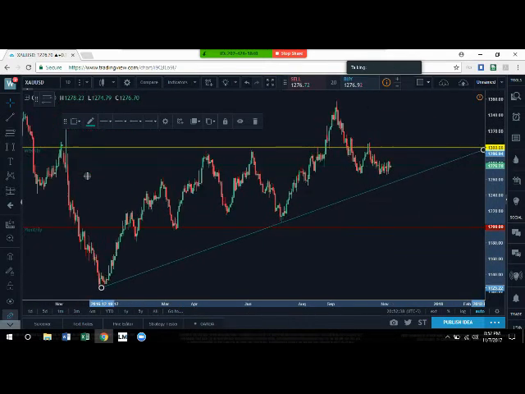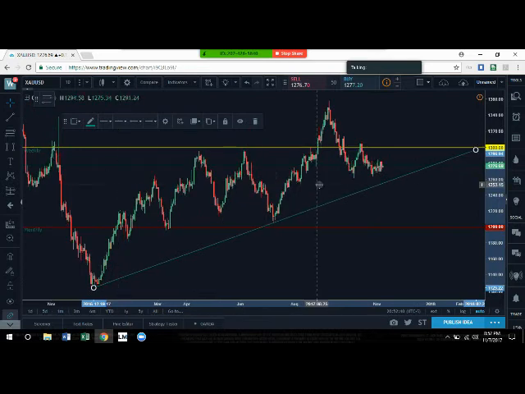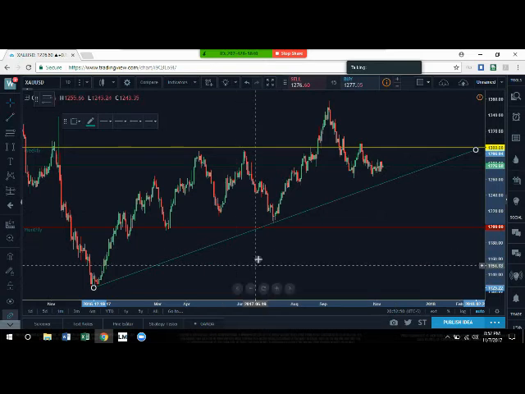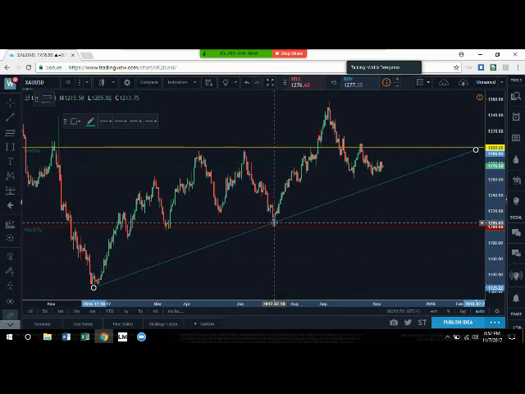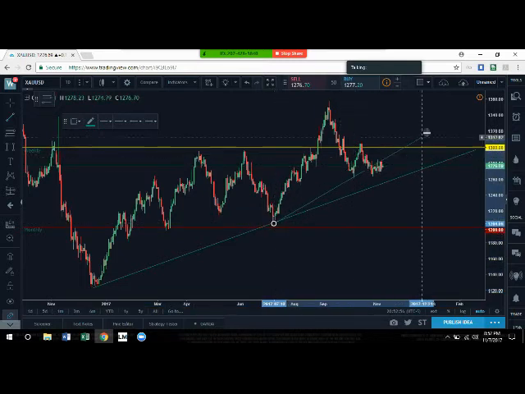From this low point right here, I can draw up to right here, and this would be like an intermediate. This is on the monthly, going from the monthly to the daily. This is a very long-term chart.